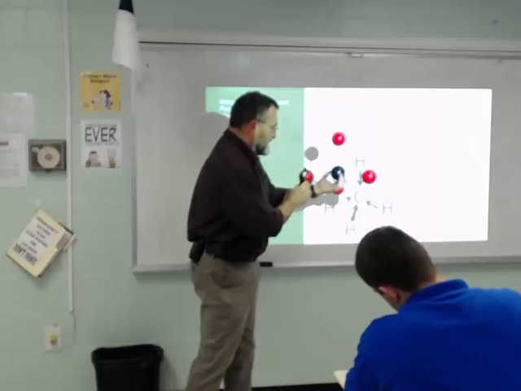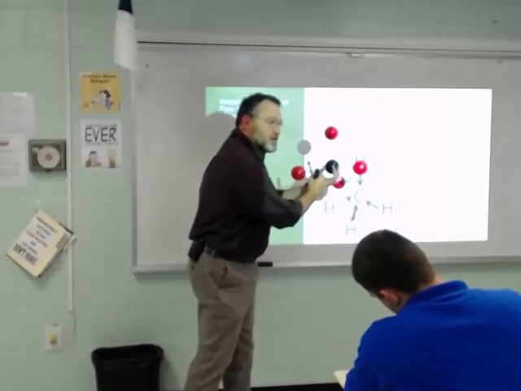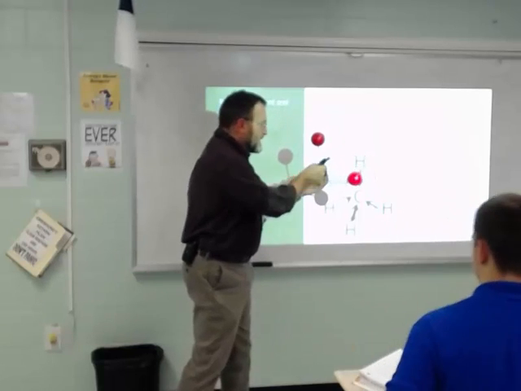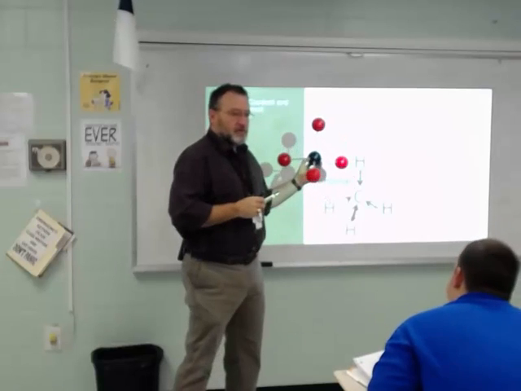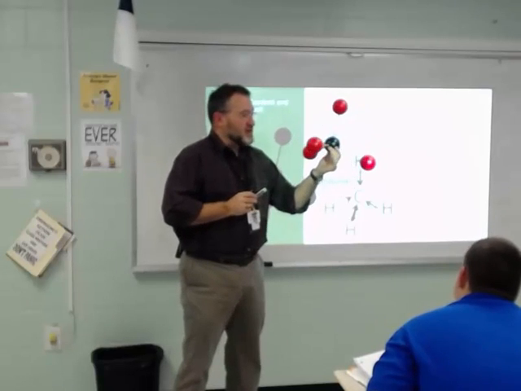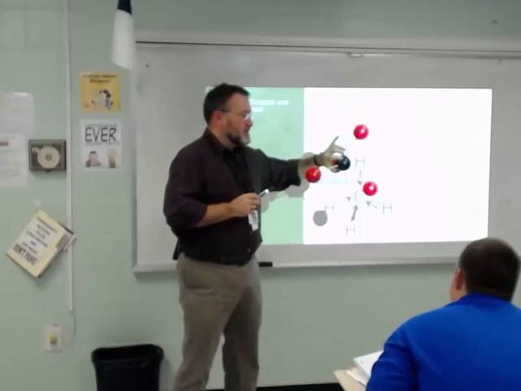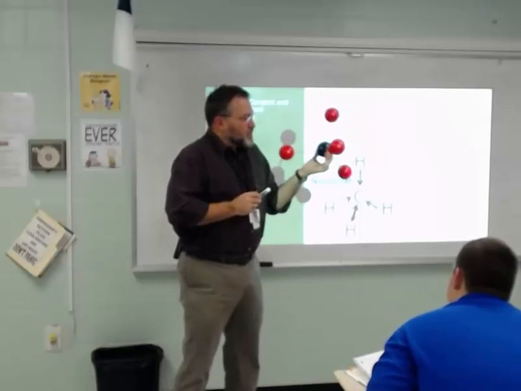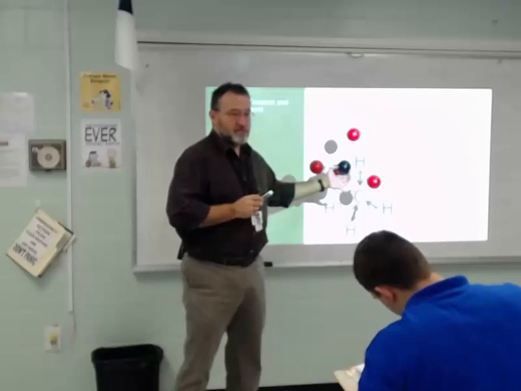Again, if I'm looking between hydrogen and carbon, yeah, there's a pole here, but there's an equal pole here and an equal pole here and an equal pole here. It's perfectly symmetric. And because it's polar bonded but perfectly symmetric, it's a nonpolar molecule.